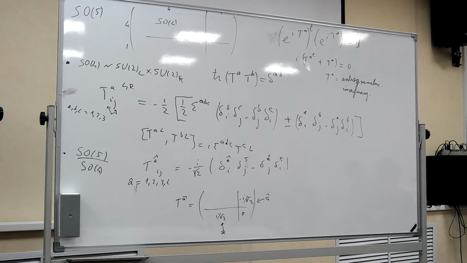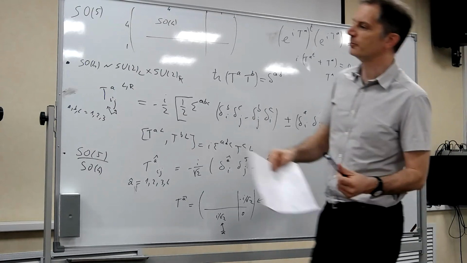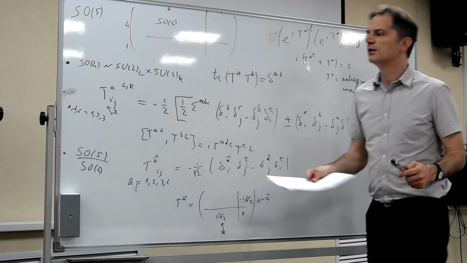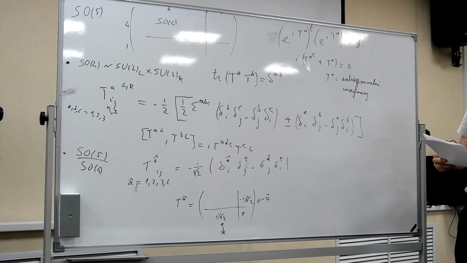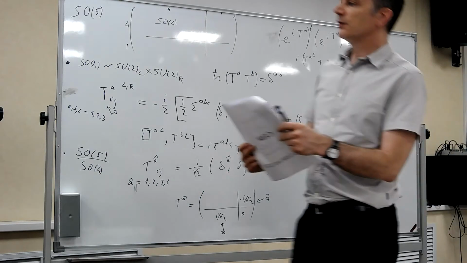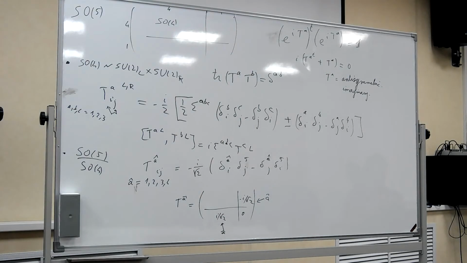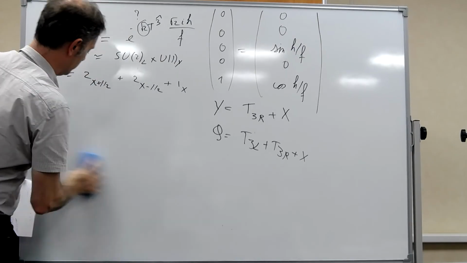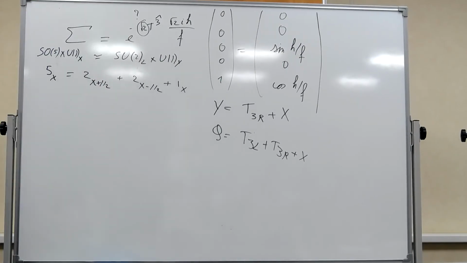So this means that in this case, you are also expecting new particles here that are completing this fundamental representation. So you are expecting new particles with a charge that should be plus or minus 1/2 for T3 left, plus T3 right, which is plus 1/2, plus X, which is 2/3.